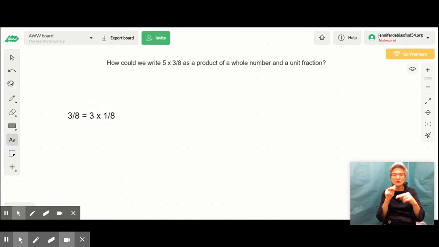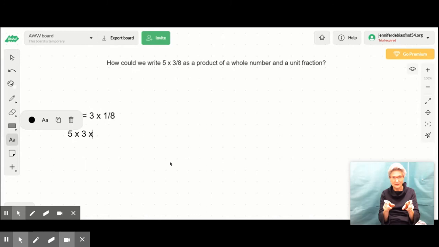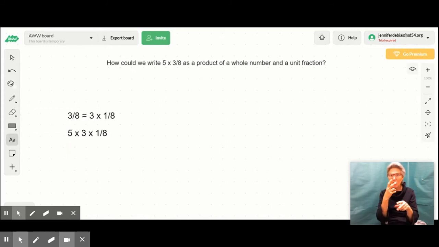But to figure out what 5 times 3/8 is, I need to think about 5 as a factor times 3 times 1/8. So I'm going to type that out. Sounds a little bit trickier than it is, right? So 5 times 3 times 1/8. I'm going to look at my whole numbers of 5 and 3 and multiply those together.